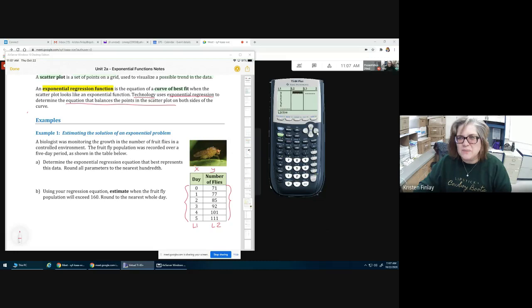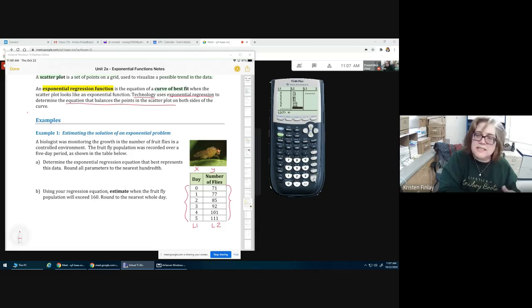Those are my x values. And my y values, 71, 77, 85, 92, 101, and 111. Okay, very similar to how we've done regressions before. If you can't remember, at the back of your notes package on page 66, you can find all your steps.